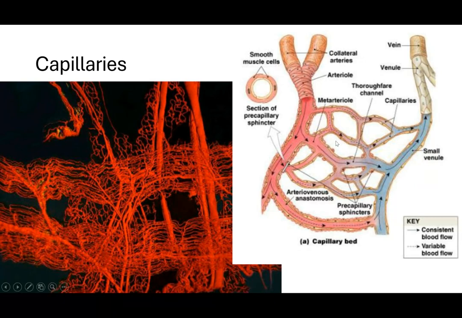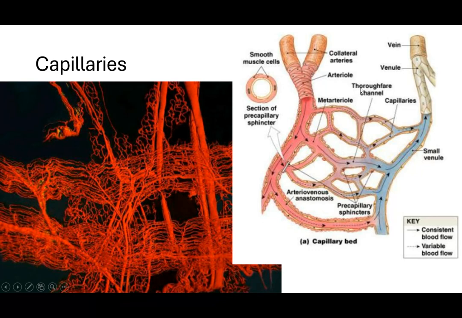But anyways, when we're looking at the capillary bed, we can see that we have these arteries and that leads into arterioles, excuse me. And that leads into something called a metarteriole. And that is going to be the main channel of blood into the capillary bed. Okay.